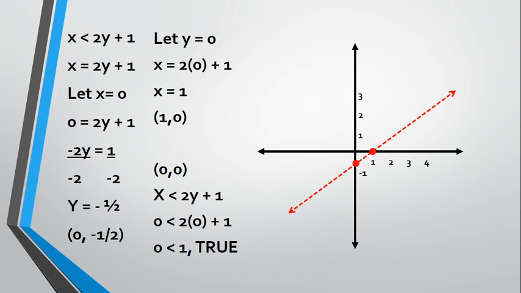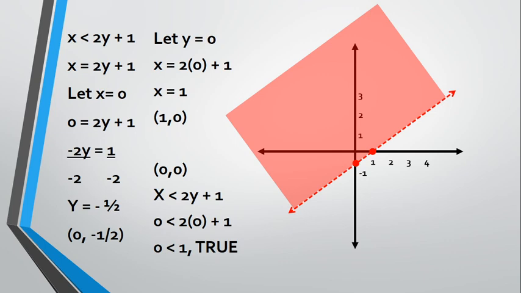Now, we draw the boundary line and we use the broken line because the symbol is less than. And for the plane, class, since the statement is true, then our plane will pass through the point of origin. So the direction will be to the northwest. Okay, so here is our plane that the direction is to the northwest.